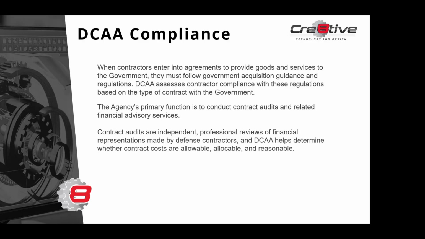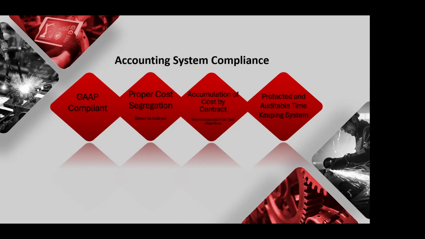There's a checklist published by the agency to assure the compliance of your accounting system. First and foremost, it needs to be GAAP compliant. It needs to allow for proper cost segregation of indirect versus direct costs. It must also provide accumulation of cost by contract to the intermediate and final cost objectives, so there is very clear traceability of where those actuals are being pointed.